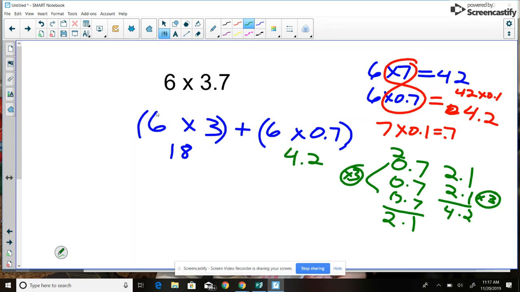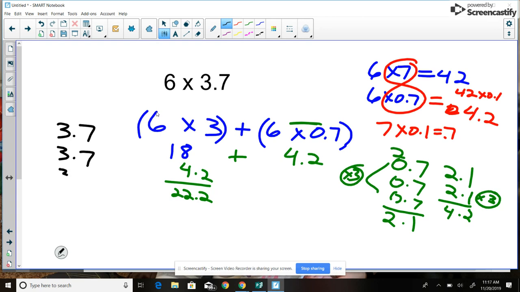So when I start to be able to solve a problem like this, breaking it up this way makes it a lot easier. Then all I have to do is to add those two together to get 22 2/10. Some students might even repeatedly add the whole decimal number together.